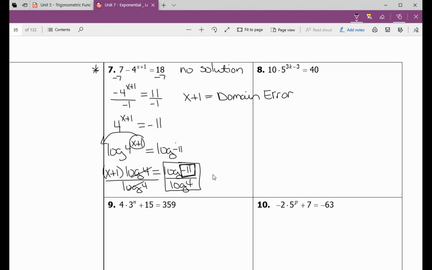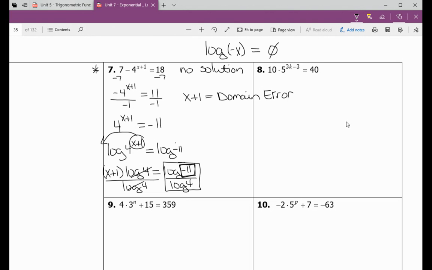And when we did that, we ended up with a logarithm of a negative number. So if you have the logarithm of a negative number, there is no solution for that. You will get domain error every time you press that on your calculator. Okay? So even though exponents have the ability to be anything that they want to be, positive, negative, 0, decimal, fraction, does not matter. Sometimes they give you problems that just don't work.